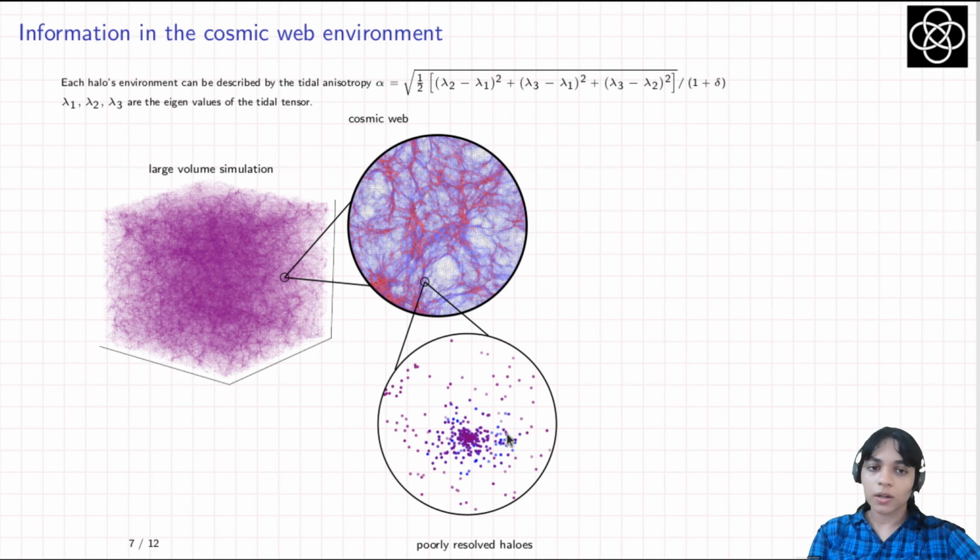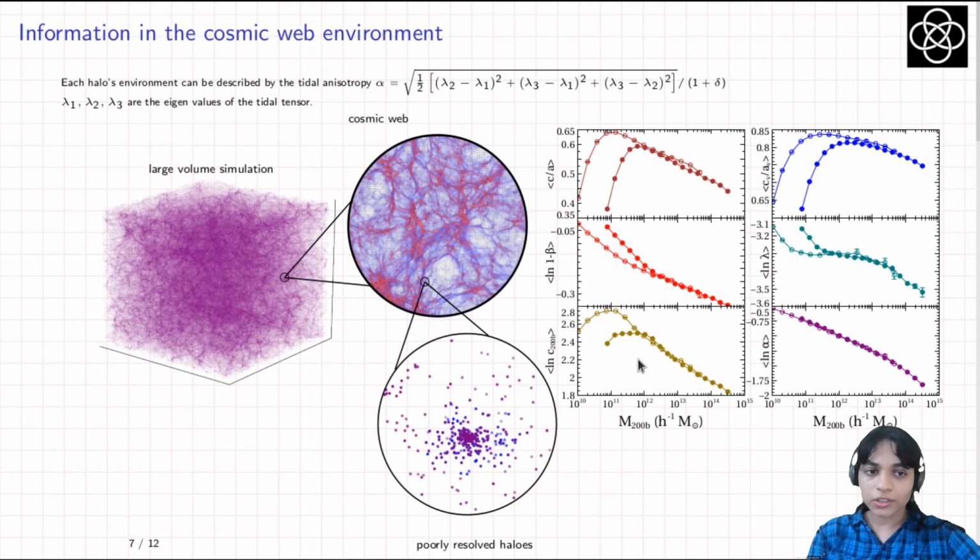This is shown in this plot where the mean value of different halo properties is plotted as a function of mass for two resolutions.